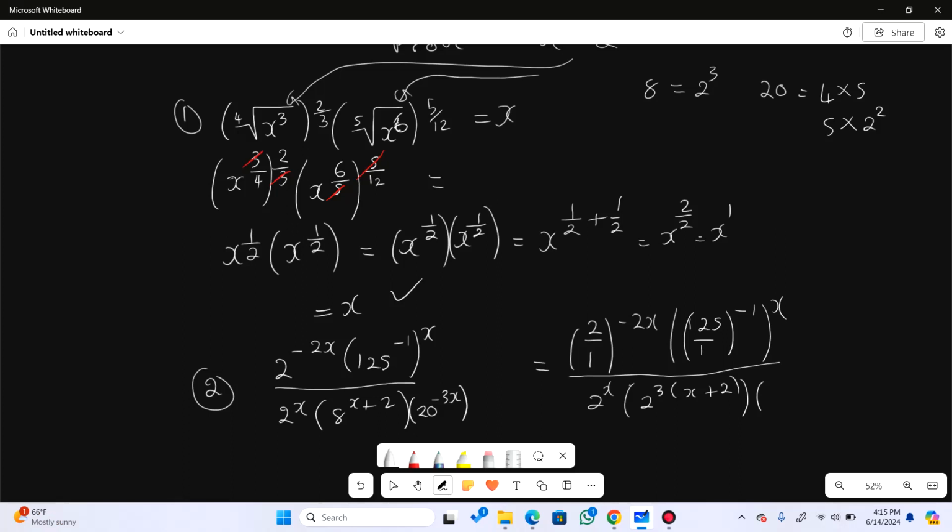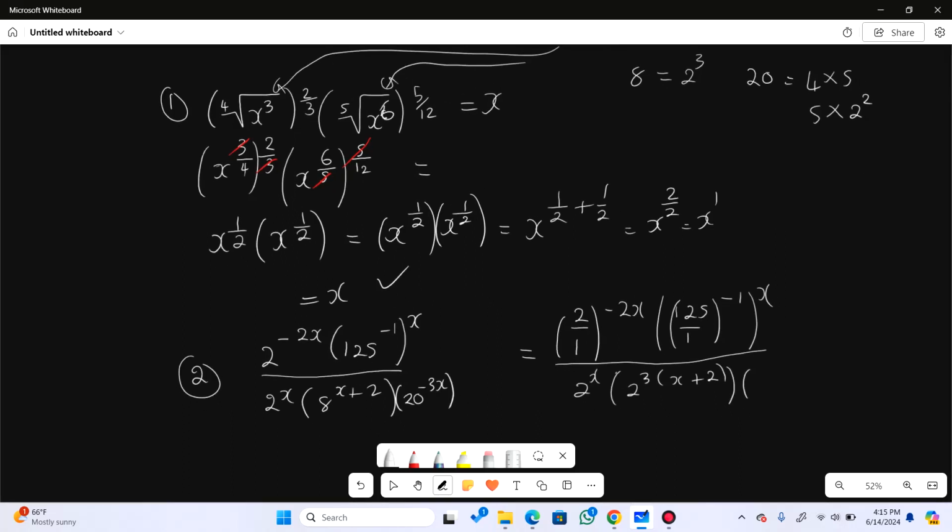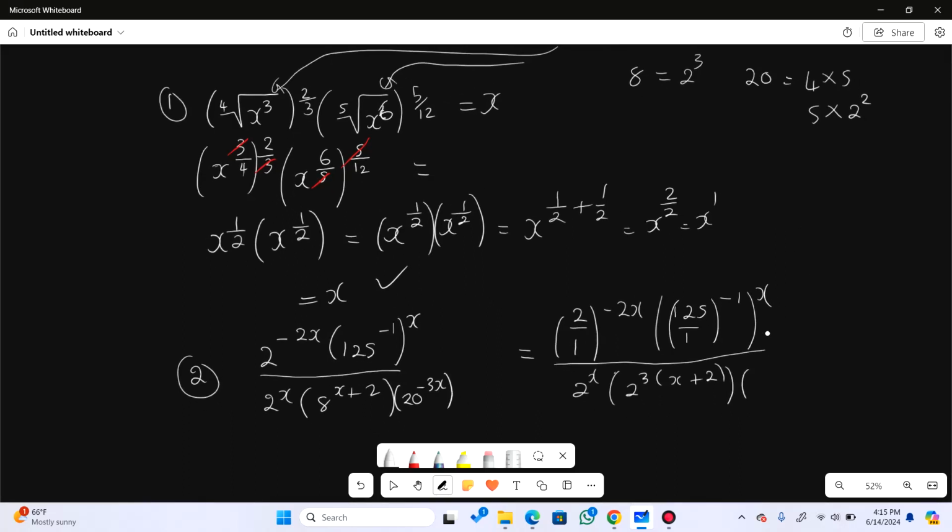Perfect. Yep. So you get 5 times 2 squared. Or rather, let me not change it now. Let's say we have 20 over 1 times negative 3 raised to the power x.